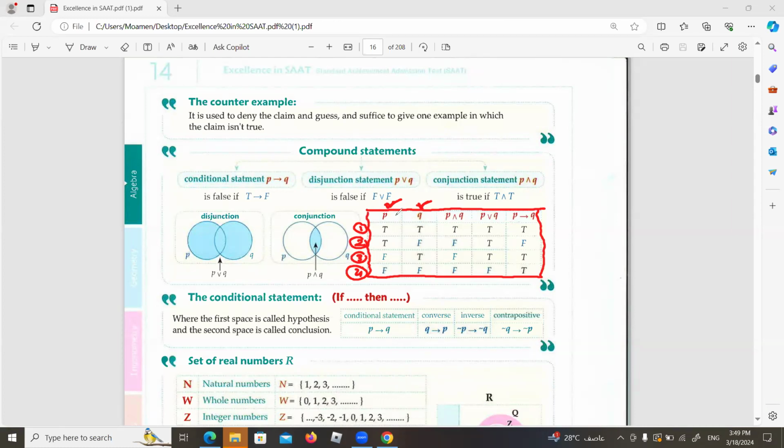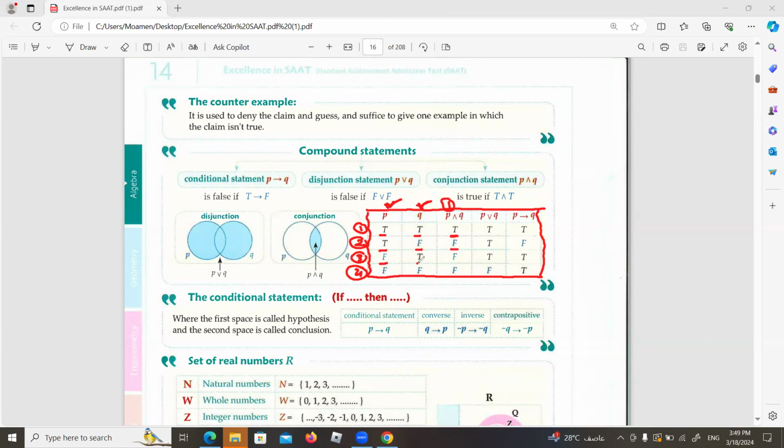We will get the three kinds of compound statements, one for each relation. For the first one, conjunction, which means and: if the first statement is true and the second statement is true, so they are both true, the result is true. If the first is true and the second is false, it will be false.